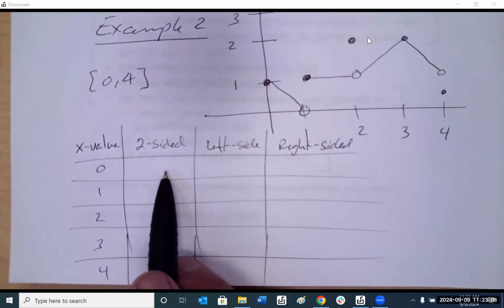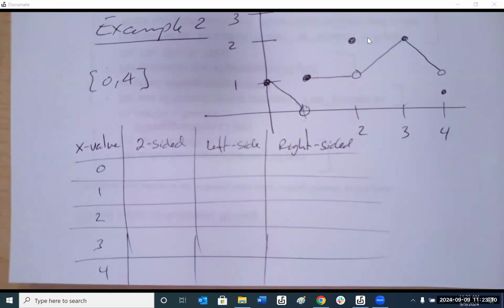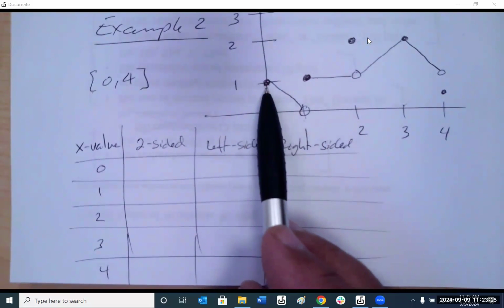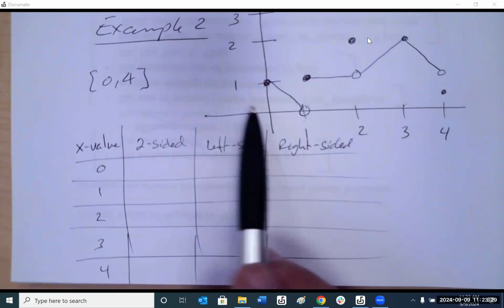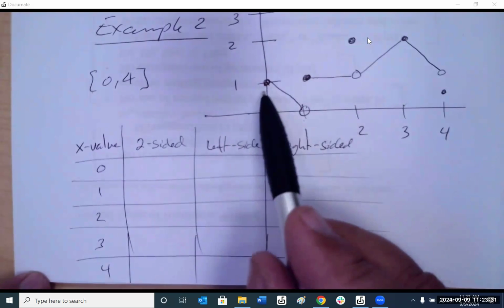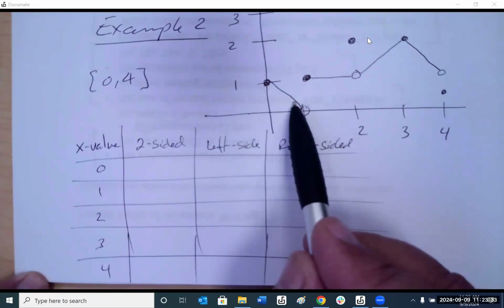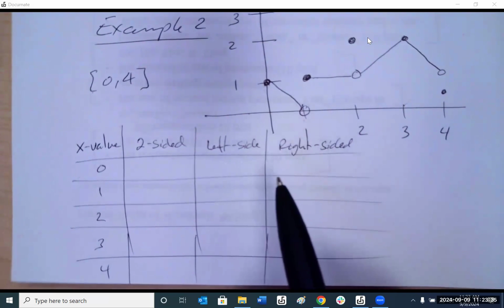At 0, does a two-sided limit exist? Remember, for a limit to exist, it has to exist on the domain. Is negative in the domain? No. So it does exist on the domain, because there is no left side.